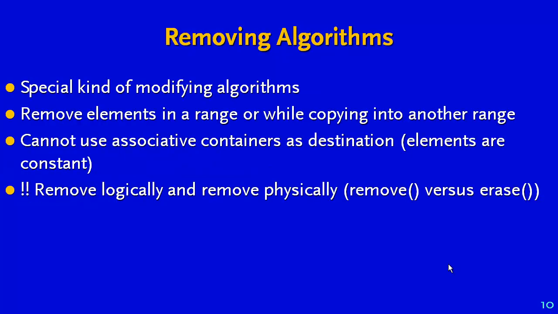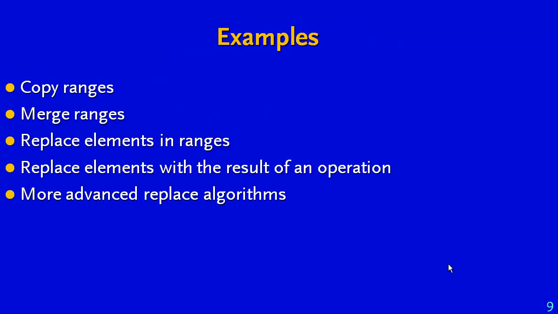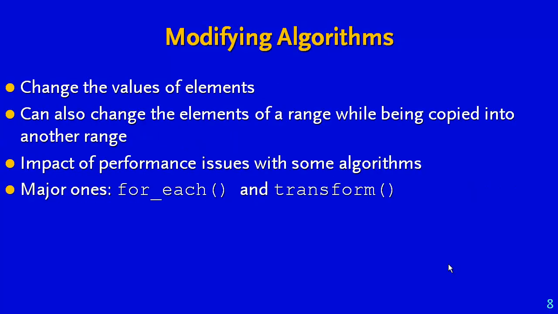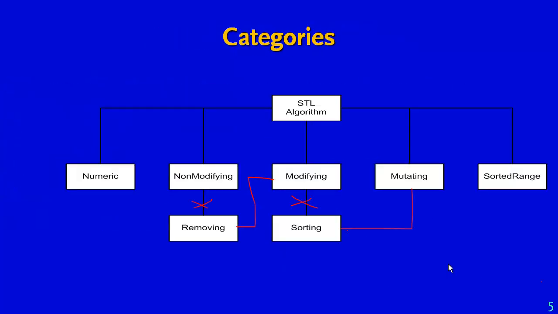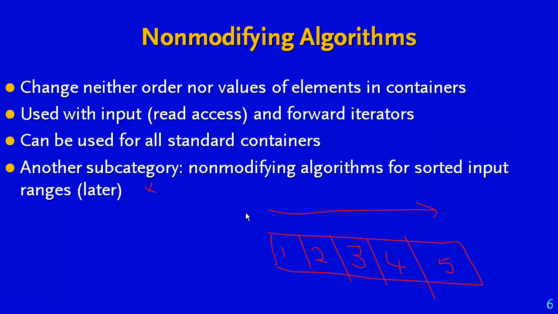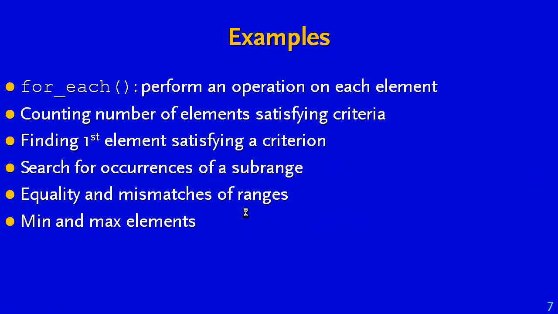A special kind of modifying algorithms are the removing algorithms. Where's my diagram again? The modifying, you see. So you modify something. A real modification is removing. So that's really the value is gone.